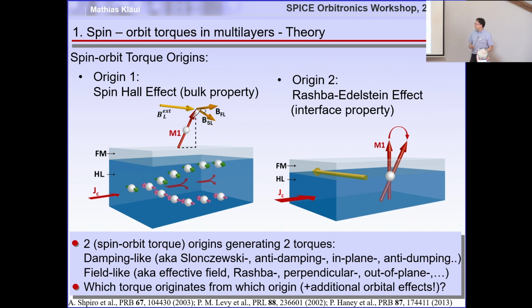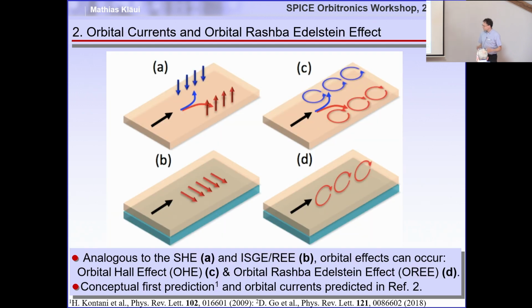Now comes the interesting and difficult science. You already heard all of this. In analogy to the spin Hall effect that generates a transverse spin current from a longitudinal charge current, we also have an orbital Hall effect that generates a transverse orbital current from a longitudinal charge current.